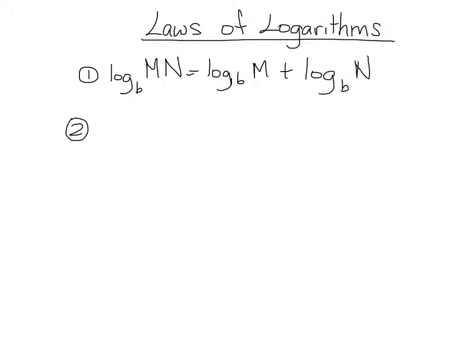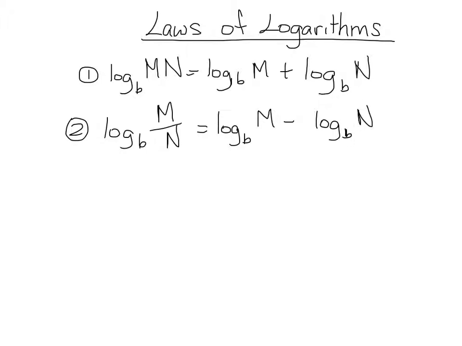Our second law is that log to the base b of m over n is equal to log to the base b of m minus log to the base b of n. And our final and third law is that log to the base b of m raised to the k power is equal to k times log to the base b of m.